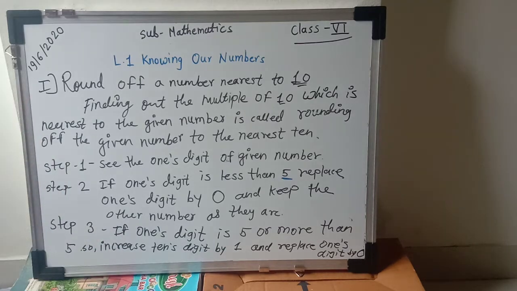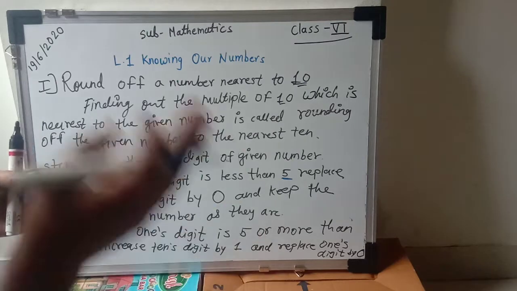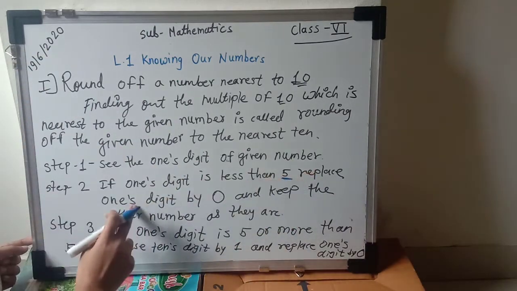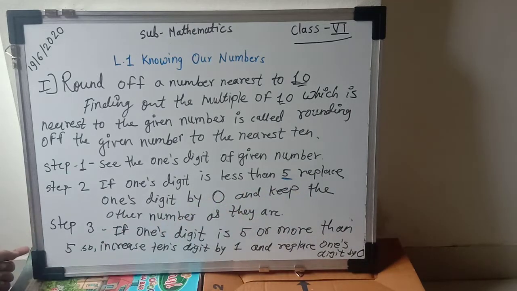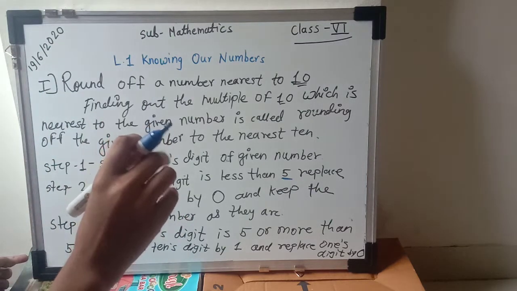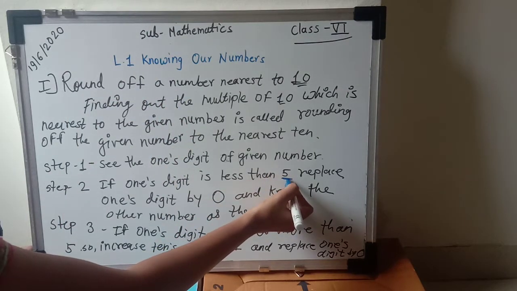If 4 is there on the ones place, we remove that 4 and take 0 on that place. So replace the ones digit by 0 and keep the other numbers as they are.